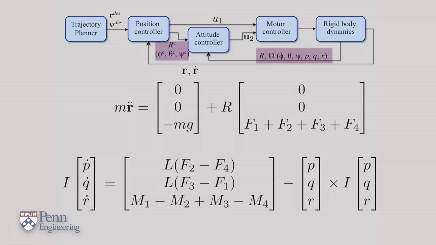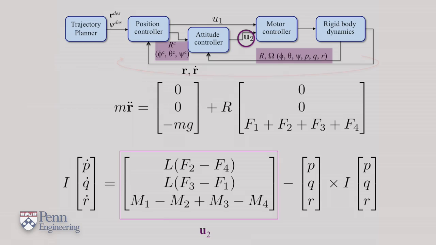We'll feed back the actual attitude and the angular velocity, or the roll, pitch, and yaw angles and the angular rates. And from that, we'll want to calculate the input u sub 2. U sub 2 is a function of the 4 thrusts and the moments that we get from the motor speeds. In the equations of motion at the bottom, we have to calculate what u sub 2 is based on the desired attitude.